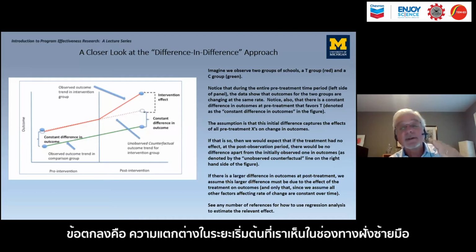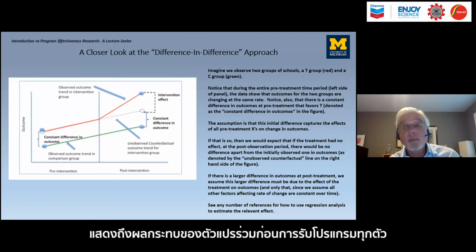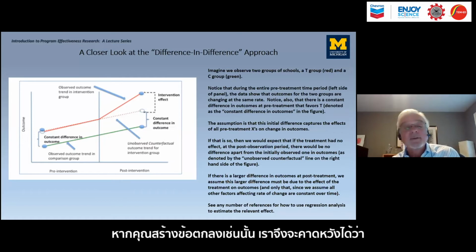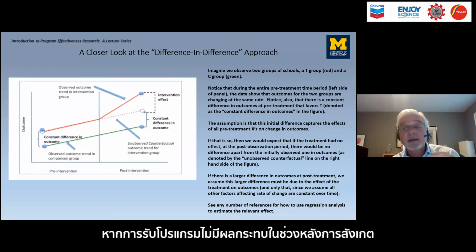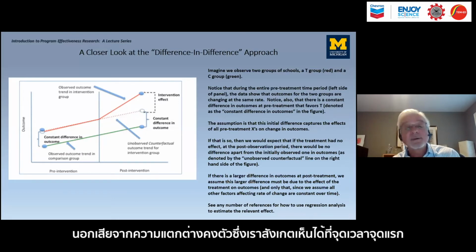So the assumption is that this initial difference that we observe on the left-hand panel captures the effects of all pre-treatment covariates on both status and change in the outcomes. And if you make that assumption, then we would expect that if the treatment had no effect at the post-observation period, there wouldn't be any difference in outcomes among treatment and control other than the constant difference that we observed at the first time point.